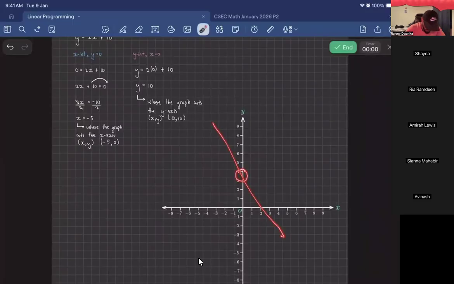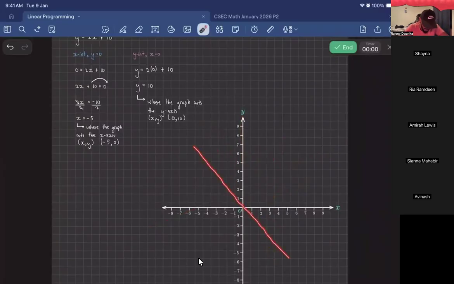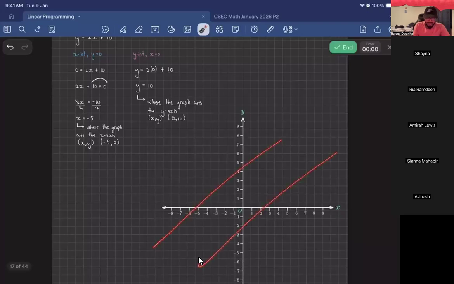And notice that it cuts the y-axis, this is the y-intercept, and it cuts the x-axis, this is the x-intercept. No matter how I draw the line, you're always going to have an x and a y intercept. The only time it's the same is when it passes through 0, 0, which is y is equal to x, or some other equation. But the point is, most lines will have a y-intercept and an x-intercept.